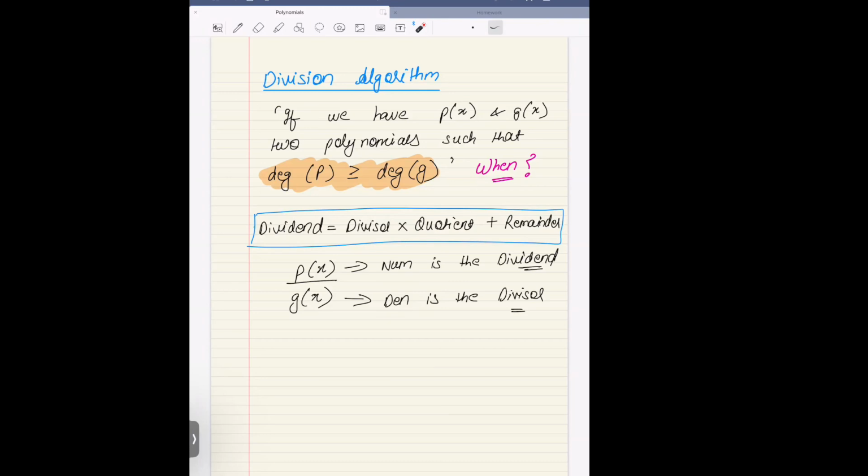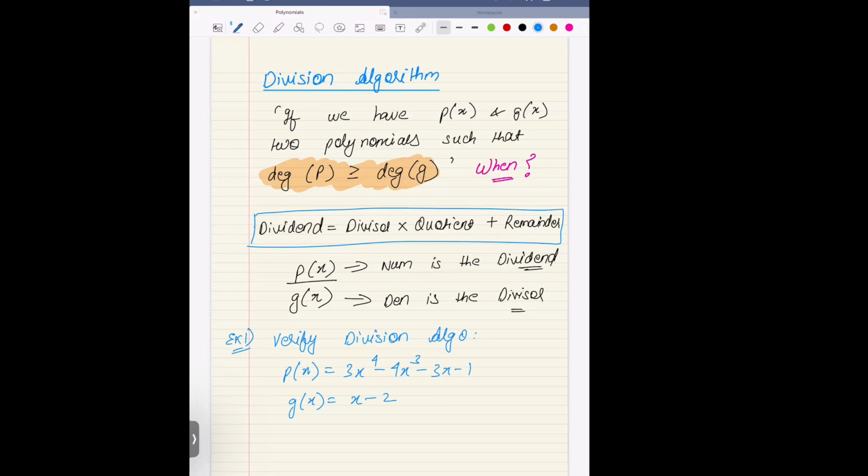Now let's take one example. They are saying verify the division algorithm. If we do it with a question, it will be much clearer. p(x) is equal to 3x to the power 4 minus 4x cube minus 3x minus 1, and g(x) is x minus 2.